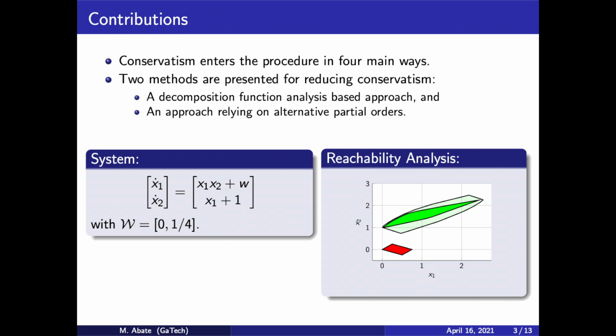And an interesting feature here is that our method for reducing conservatism in the approximation of reachable sets accommodates initial sets that are non-hyperrectangular, or initial sets that are, say, parallelograms or parallelotopes in your state space. And this is interesting and useful because the traditional mixed monotone system tools really only apply to hyperrectangular sets of interest. So there's a slight extension here.